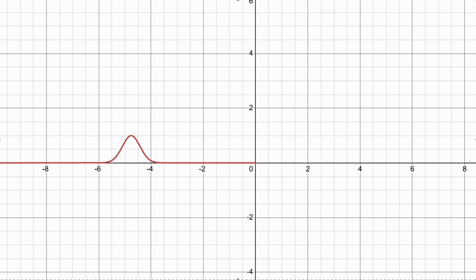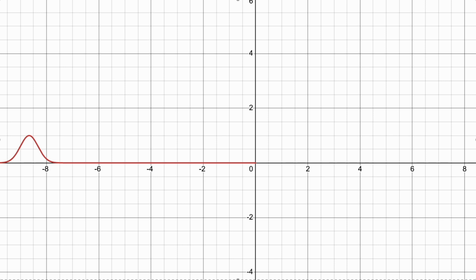So here I've got a function like this. It happens to be the function e to the minus (kx plus omega t) squared. And if I move time on, it moves in the negative x direction at a speed of omega over k.